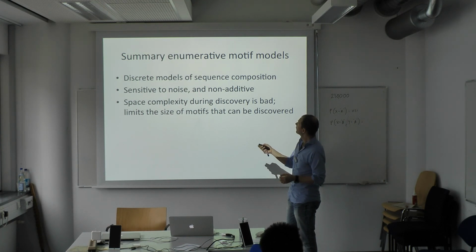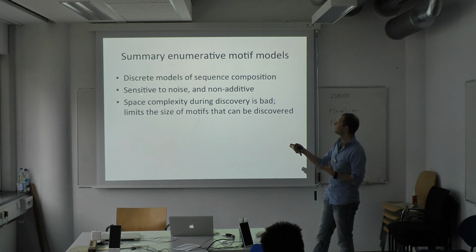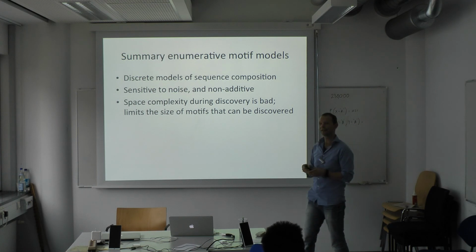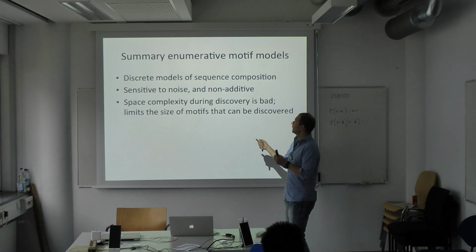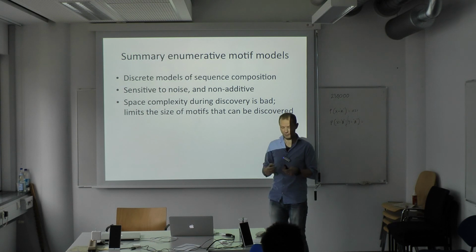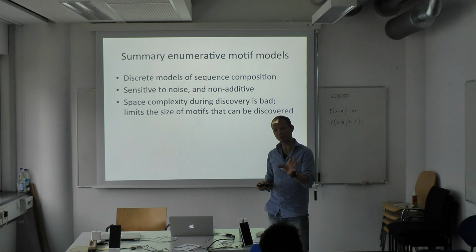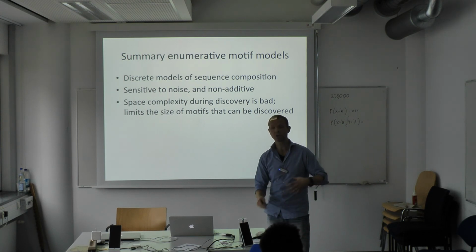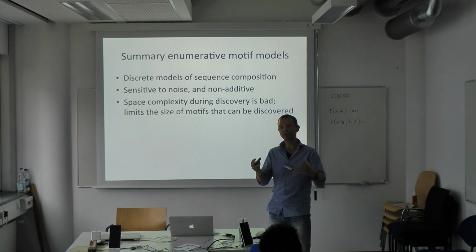And I'm almost done. So we have discrete models of sequence composition, and these are sensitive to noise. In the same sense as for the probabilistic models, we introduce so-called pseudo-counts in order to make them more robust to the fact that we haven't seen all possible combinations in our data set.